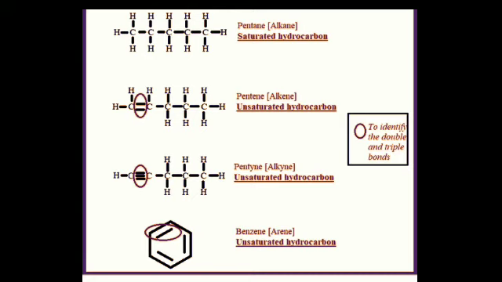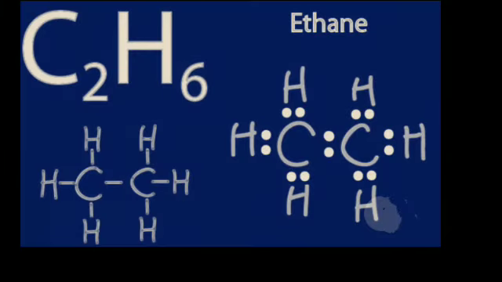Now in the diagram, it shows the electron dot structure using two methods. Observe the diagram. The electron dot structure of ethane molecule is given. The molecular formula of ethane is C2H6.